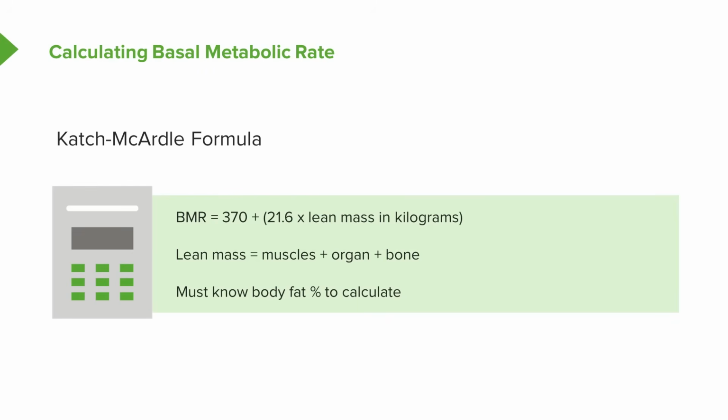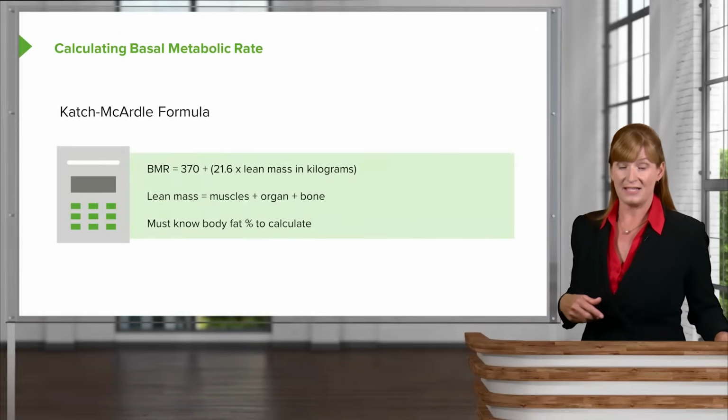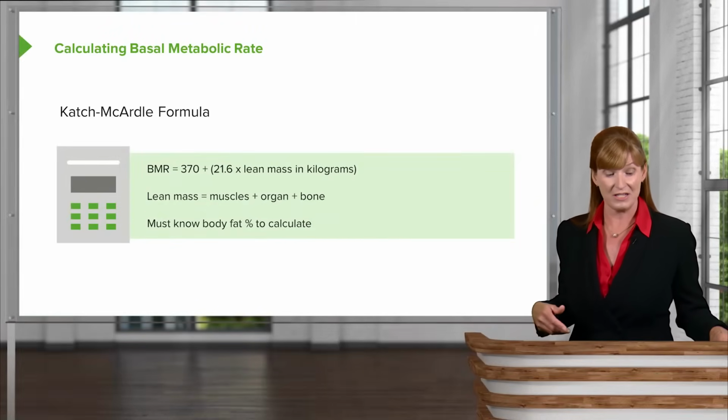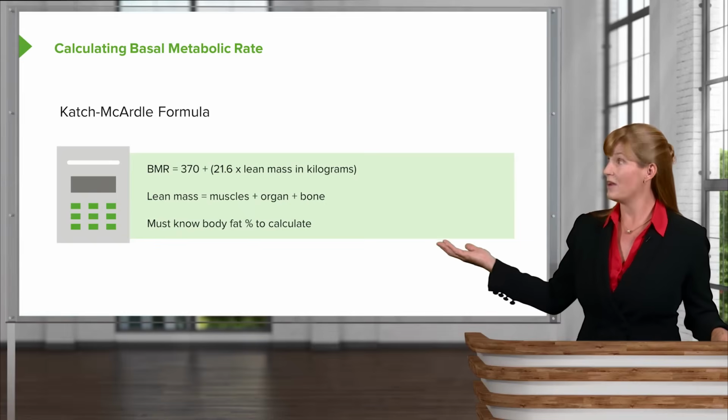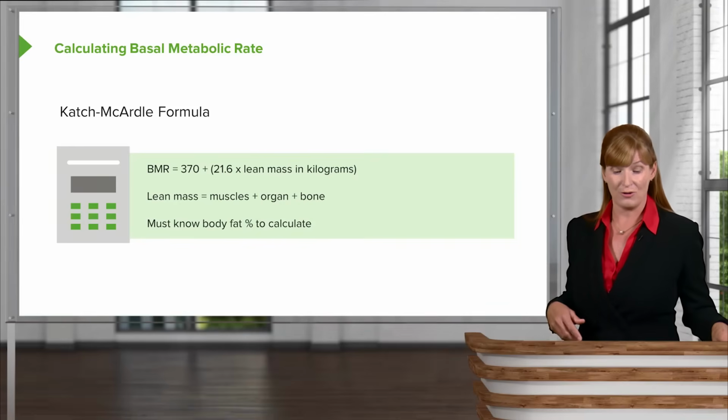Of course, you can do caliper testing, but there are bioelectric impedance devices that a patient can just hold on to, and we get a fairly decent estimate, or at least relative estimate, of the body fat percentage. So we can calculate lean mass by subtracting the body fat percentage. So Katch-McArdle is the one I would certainly commit to memory and keep in your pocket for use on your exam.